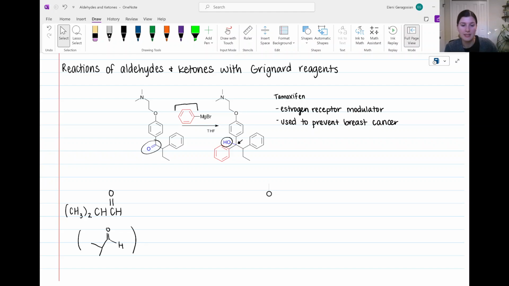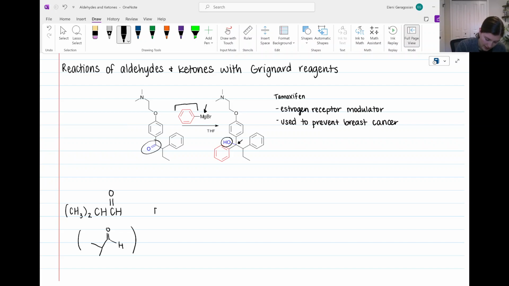When completing these types of reactions, we need an organometallic reagent. So an organometallic reagent has a metal and an organic part. In this case, the magnesium is the metal for that example, and then that phenyl ring is the organic part.